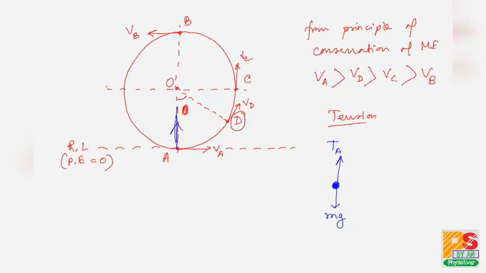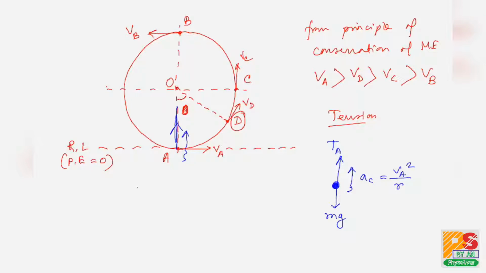Suppose the tension is TA, and there is a centripetal acceleration which is again towards the center, and it has a value of VA square divided by R, where R is the radius of the path, or you can say the length of the string.